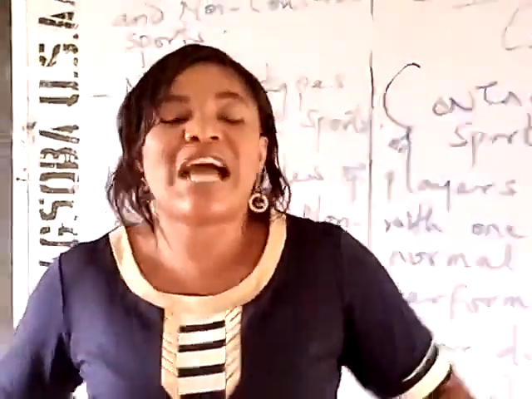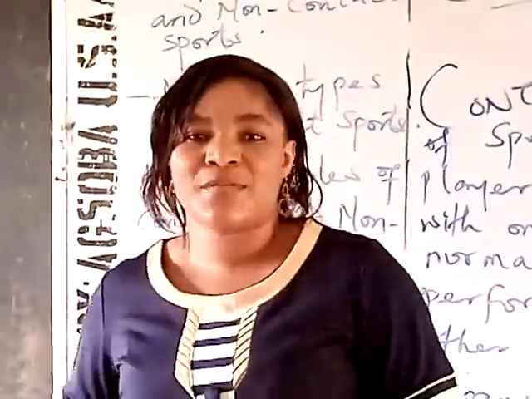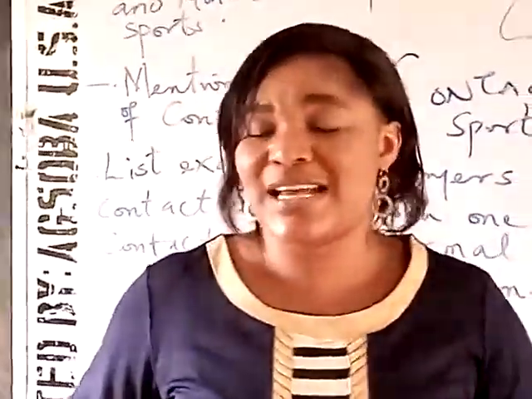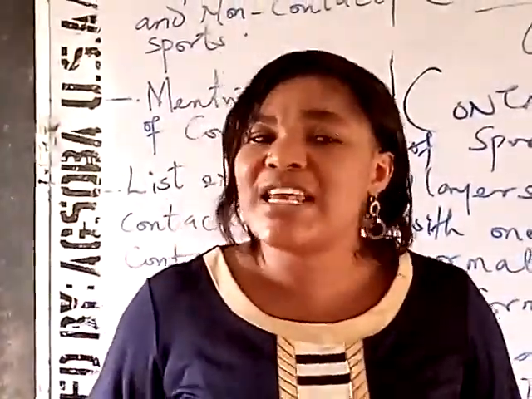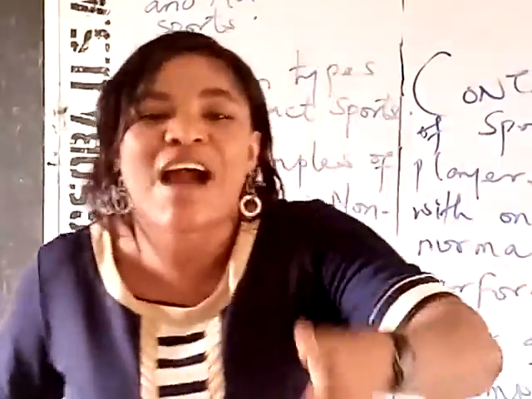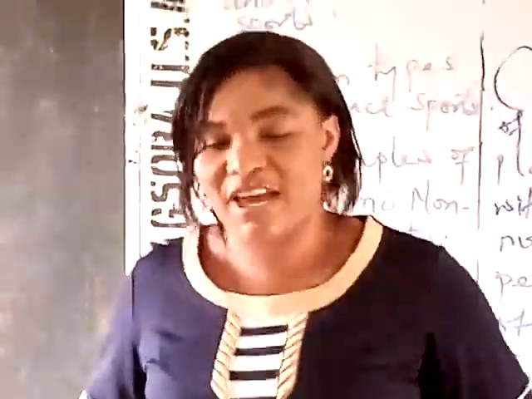That bodily contact came as a result of accident. But whether it is done accidentally or deliberately, such bodily contact shouldn't be. It's not according to the rule of the game.